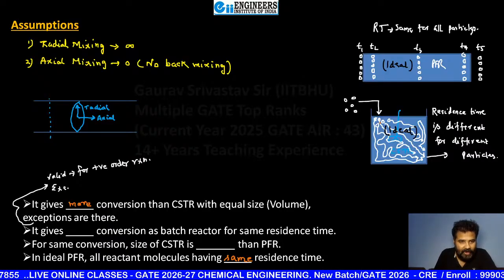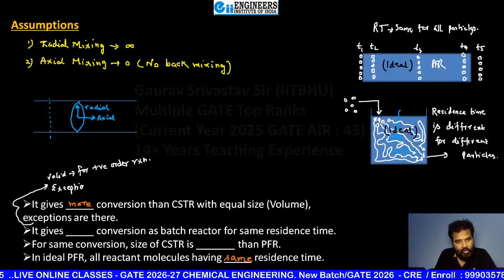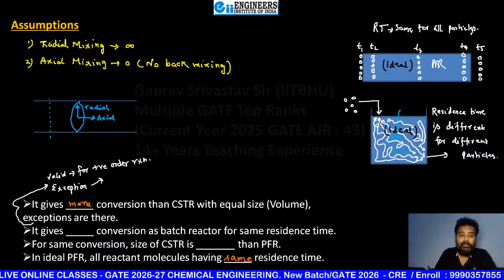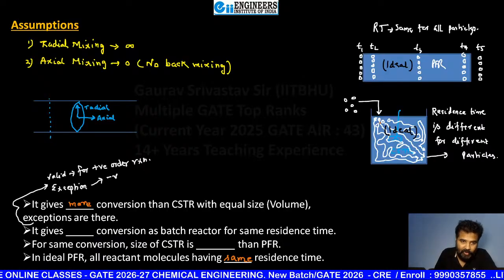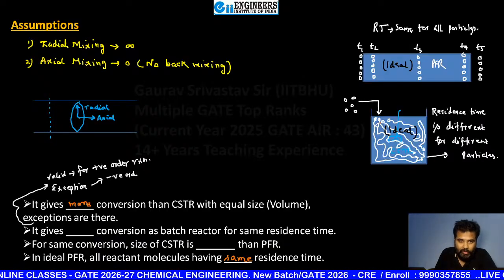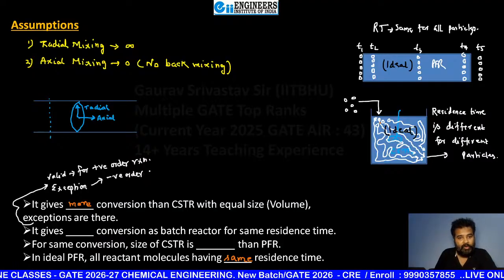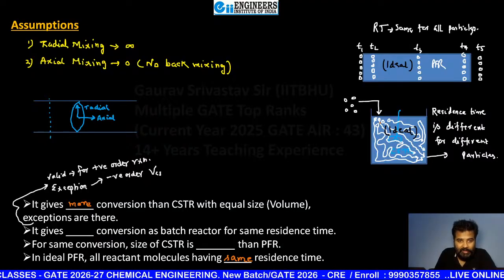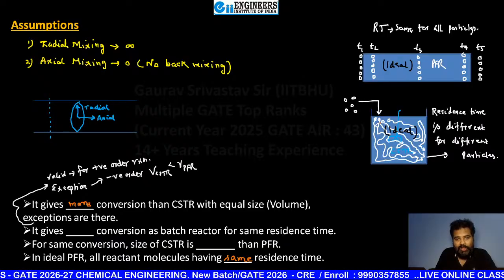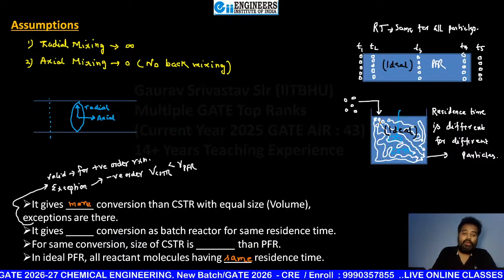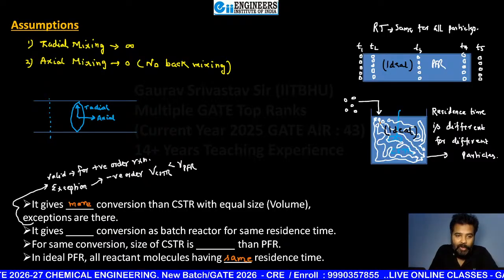Exception. What is the exception here, beta? Exception number 1: negative order reaction. For negative order, V CSTR will be less than V PFR. आपको छोटा CSTR वो कन्वर्जन दे देगा, वही कन्वर्जन PFR बड़ा चाहिए होगा.